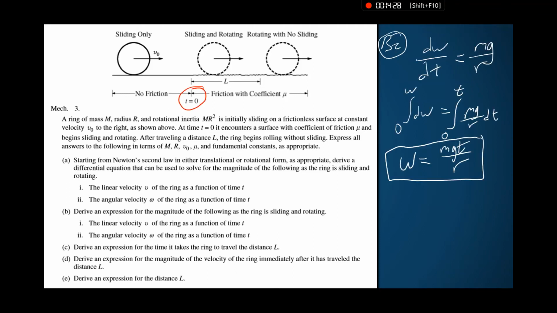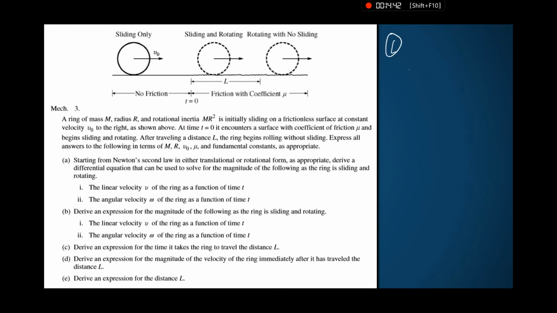Okay, I've got an omega. How can I use it though? There we go. Okay, so V is equal to R omega.